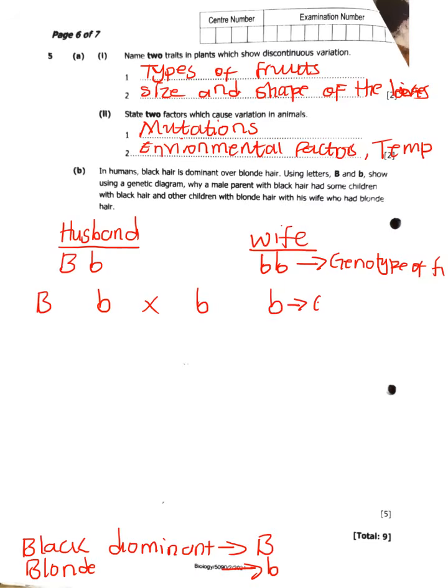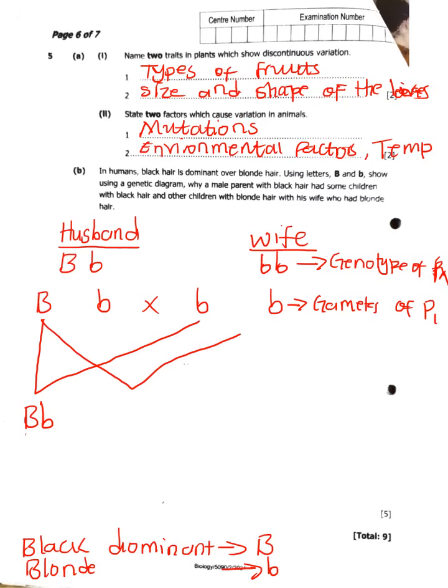After separating these, we have the gametes of P1, the first parental generation. Then we can do the crossing. So this child here is black, since we have the capital letter B dominating the small letter b.